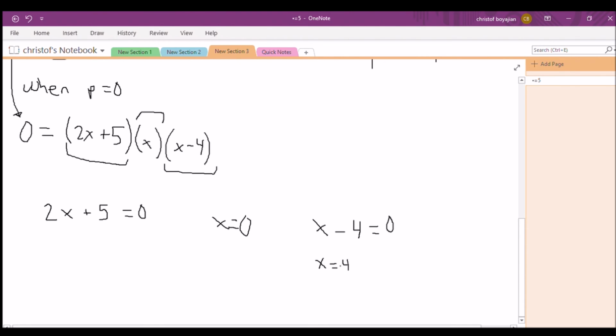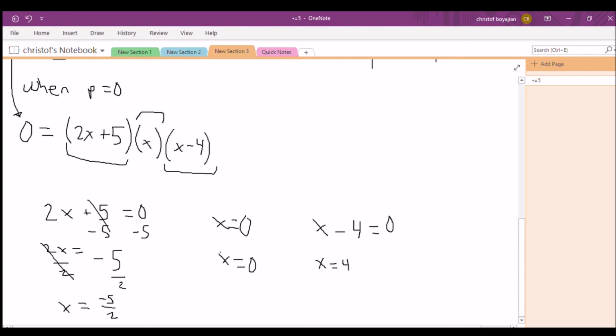x is equal to 0 here. And then if we do some algebra, we get that 2x equals, now we subtract 5 from both sides, so 2x equals negative 5. Then divide both sides by 2, and we get that x is equal to negative 5 over 2.